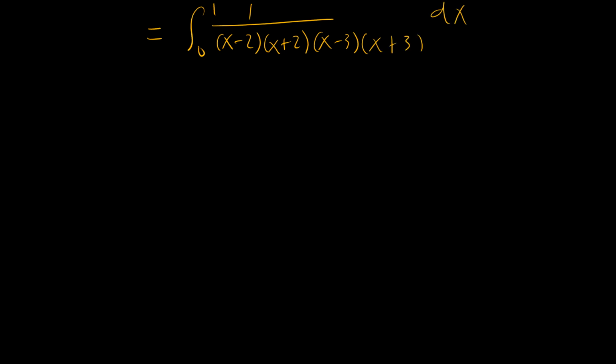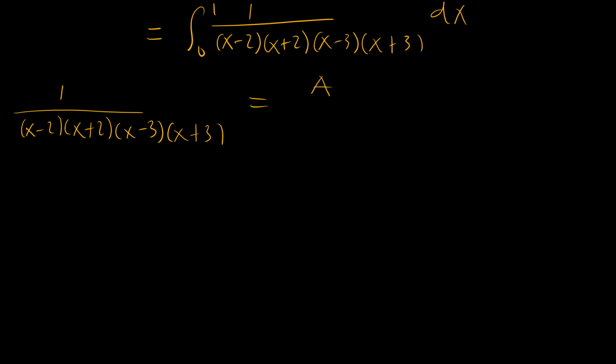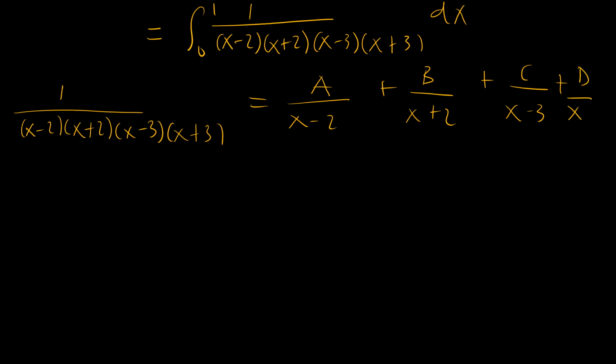And so we can create a partial fraction by saying that 1 over x minus 2, x plus 2, x minus 3, x plus 3 is the same as a over x minus 2 plus b over x plus 2 plus c over x minus 3 plus d over x plus 3.